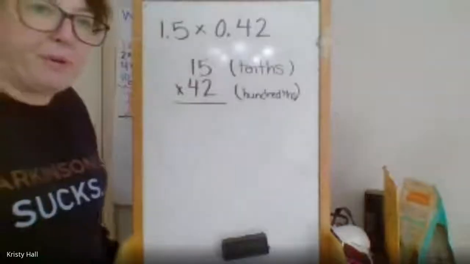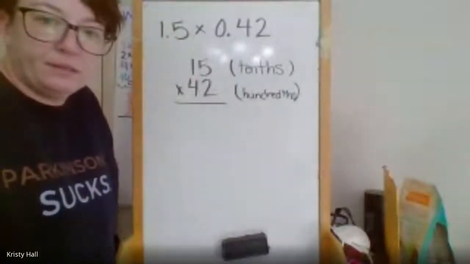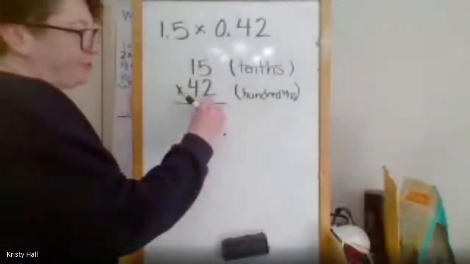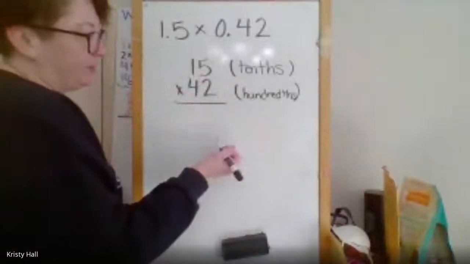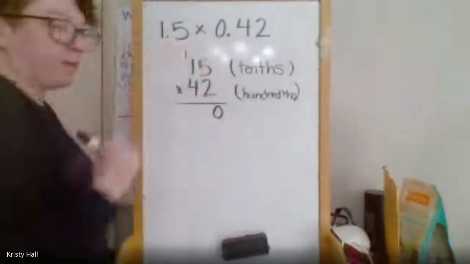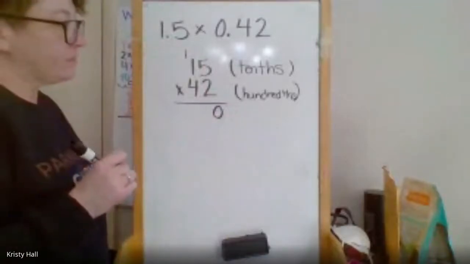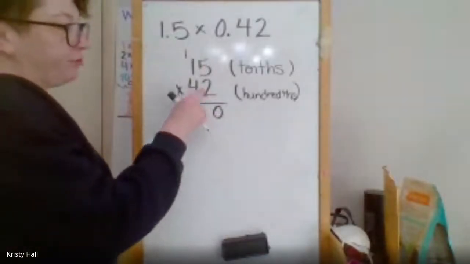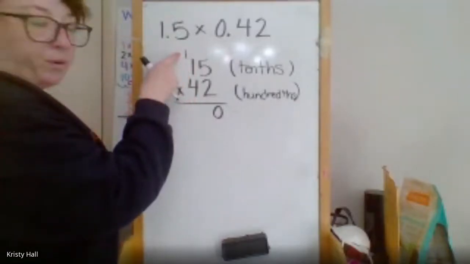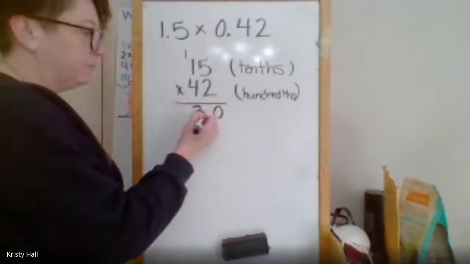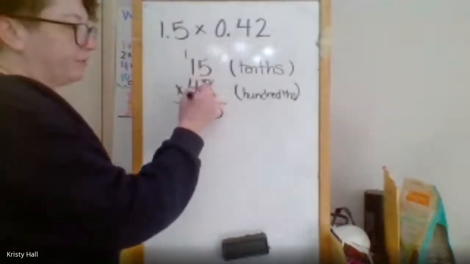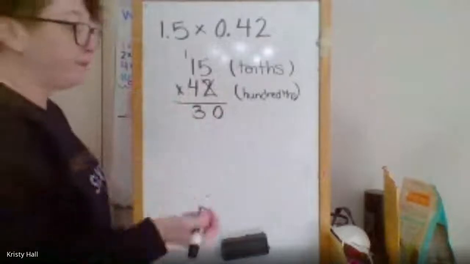All right, well, now what do I do? Multiply. Yep, just multiply. So 2 times 5, 10. Carry up my 1. And then I do 2 times 1 is 2. Plus 1 more is 3. Okay, I've used my 2. Now I'm multiplying by 4, but it's really 40.